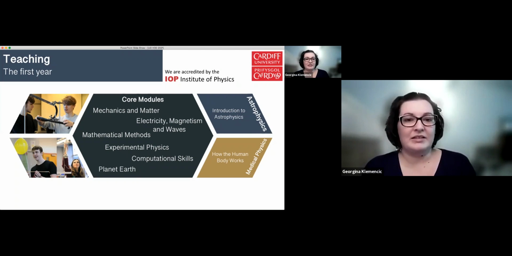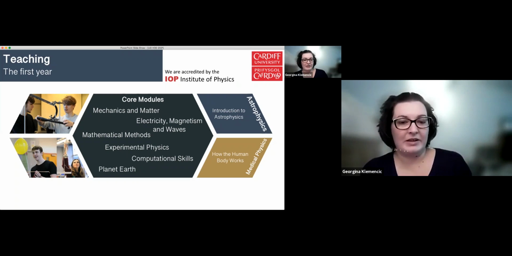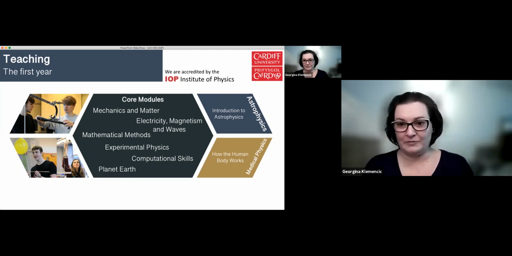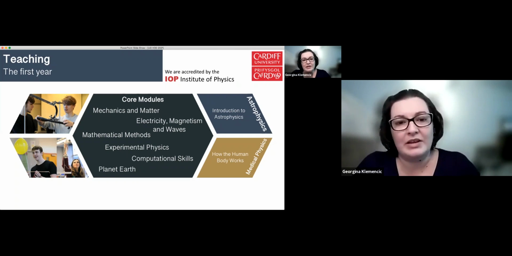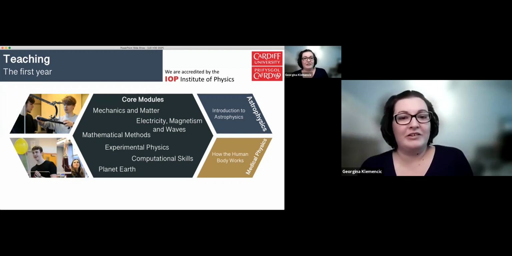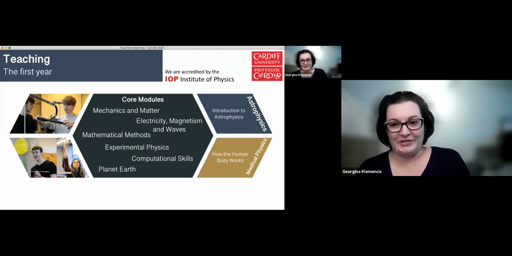There's a mathematical methods module led by our colleague Annabelle, which makes sure that everybody has the baseline of information needed to take forward. In the first year, there is only really one choice you can make, which is to either take an astrophysics module or a medical physics module. So there's relatively little choice, but everything you learn is incredibly important.